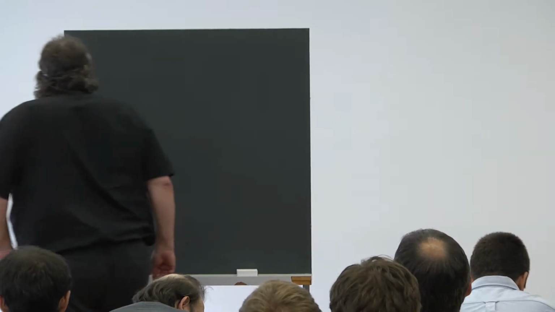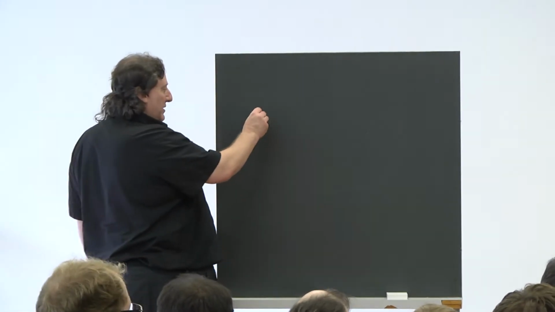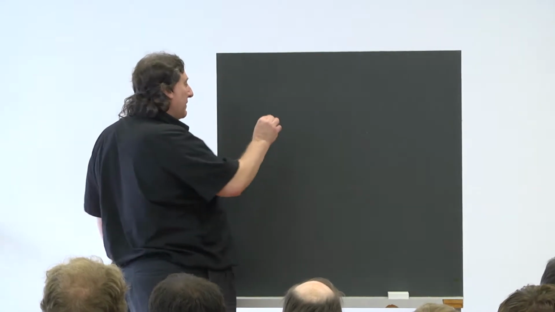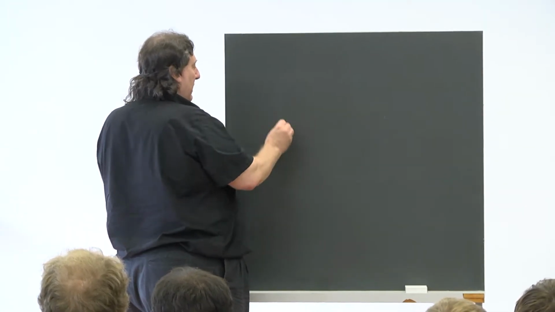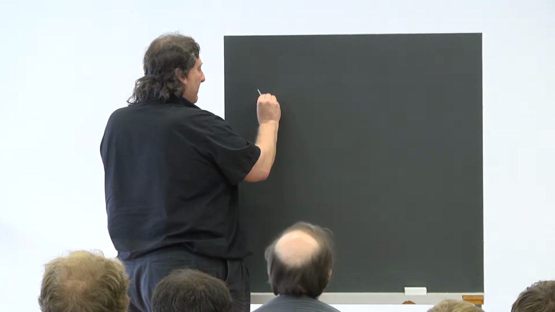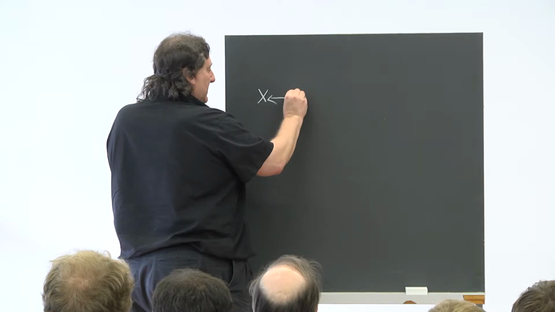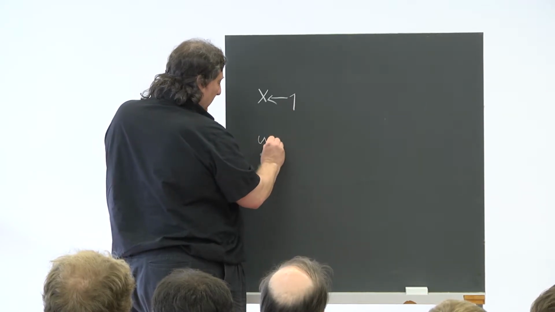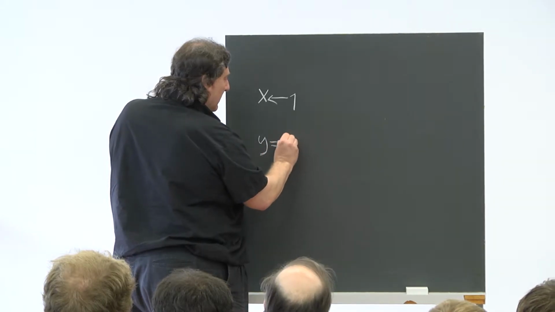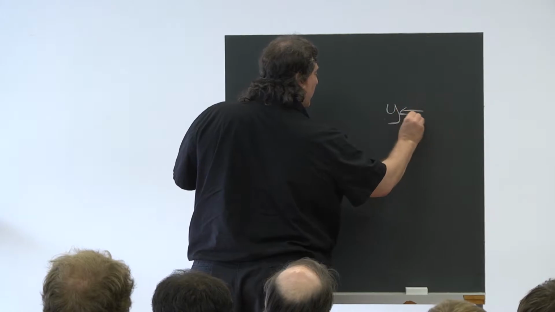So let's just start with the very basic example, which drives almost everything. We have two threads. I won't bother labeling them, but this thread writes to X, and then say it reads from Y. And this thread does the opposite.